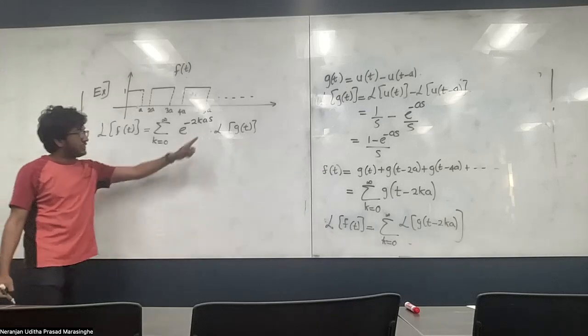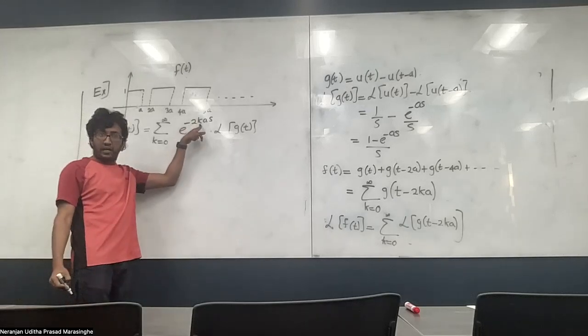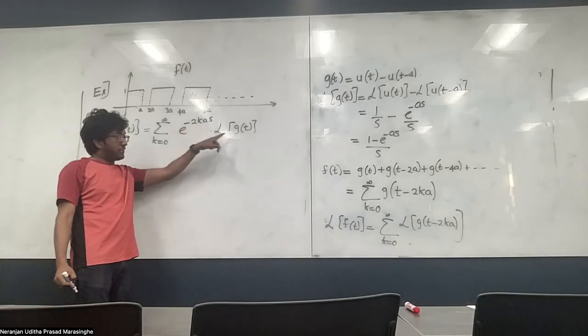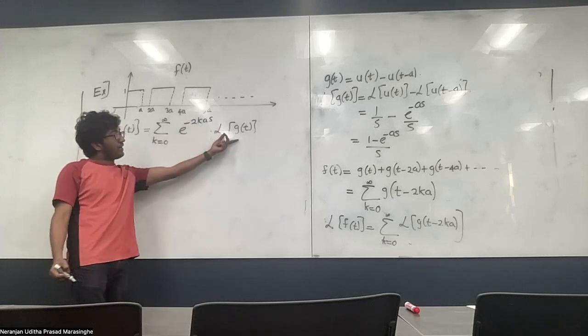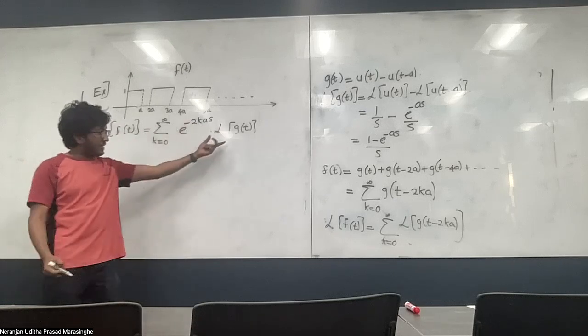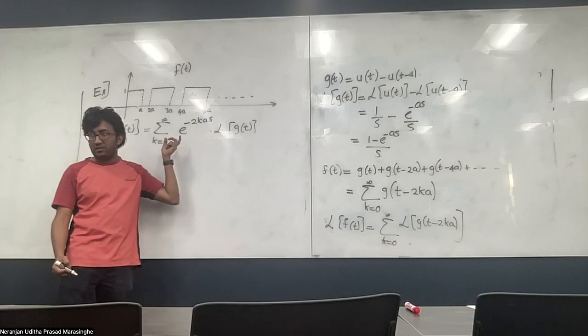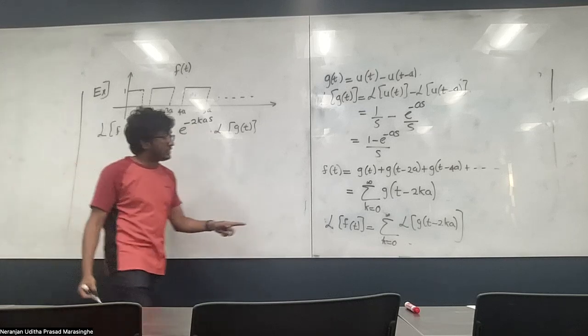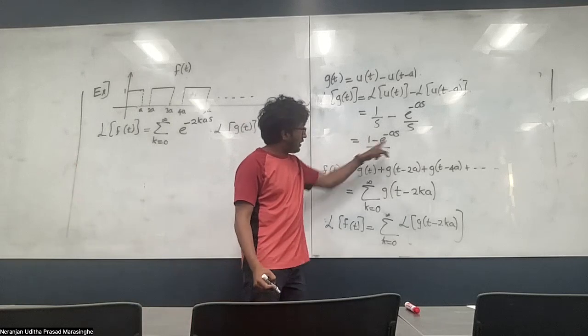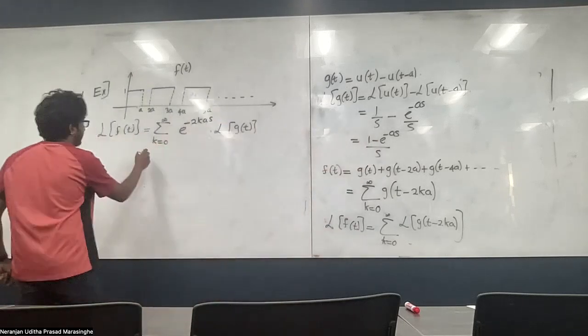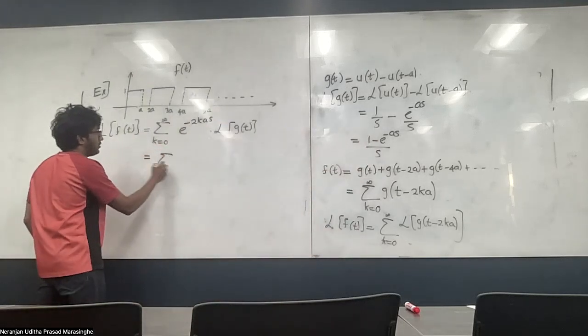Now, what is the Laplace of g(t)? It is independent of k. So I can take it out of this sigma sign. We found that out, right? So what would we have?